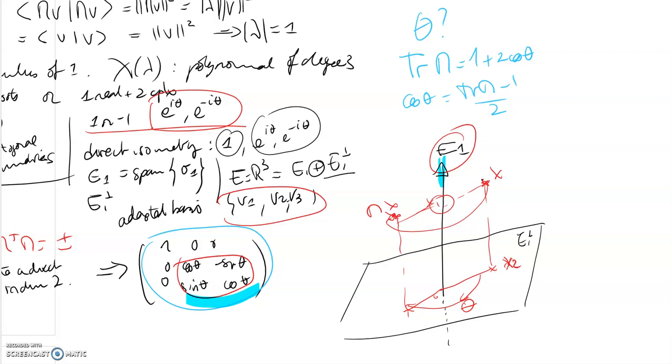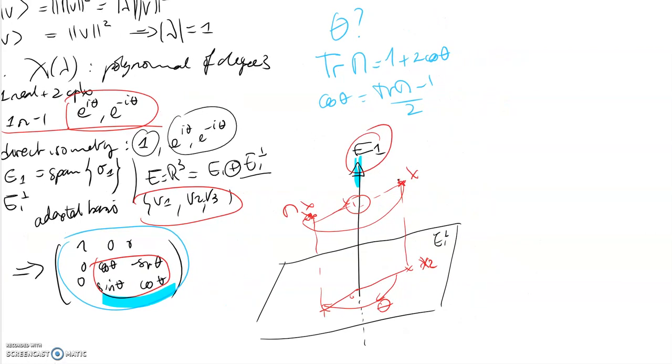That's nice, but how do I find this theta? The first thing we said is that the trace does not depend on the basis in which your matrix is expressed, so the trace of M, which I can always calculate given M, corresponds to 1 plus 2 cosine theta. So cosine theta is the trace of M minus 1, over 2.